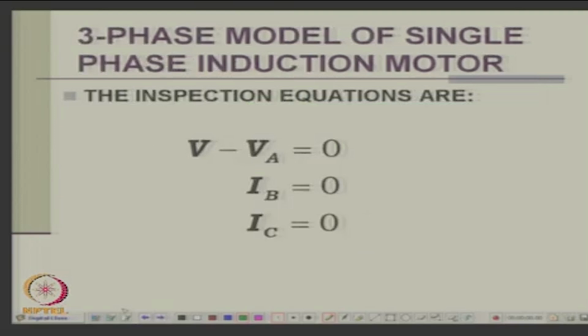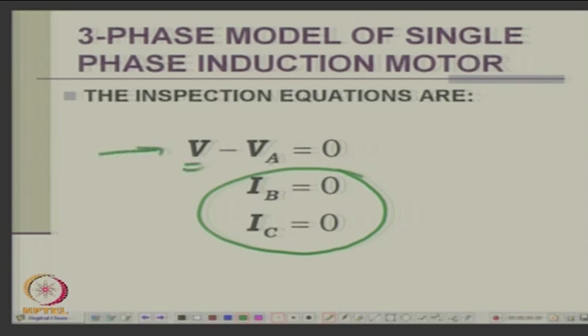Now, the single phase machine we have done, I do not want to repeat it further. We have already seen that if only one winding is there, the other two windings carry no current. You have only one winding carrying a voltage V across the A phase, and the B phase does not carry current.